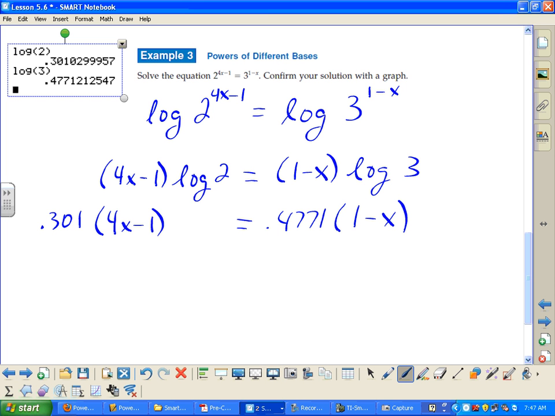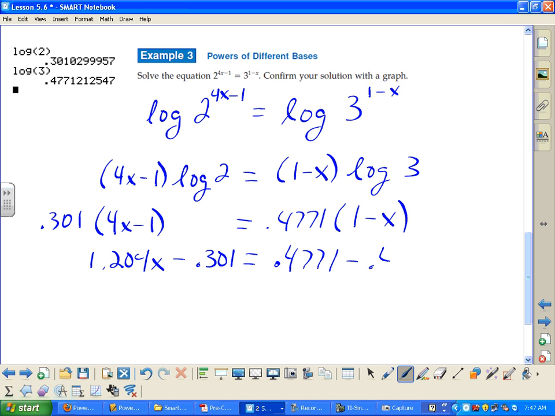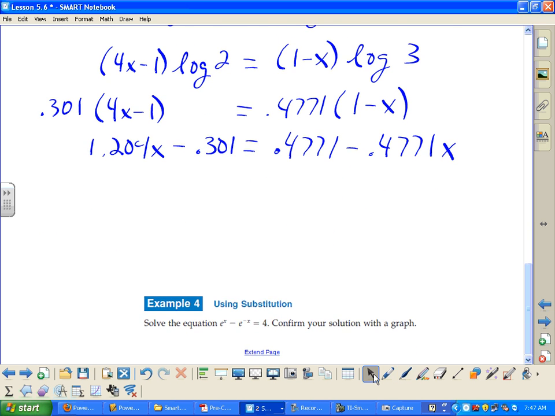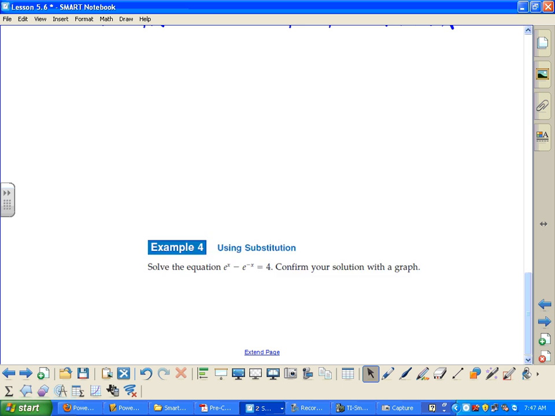So this is, let's see, 4 times 0.301 would be 1.204x minus 0.301 equals 0.4771 minus 0.4771x. So now we have just a linear equation that you've seen many times before that we're going to solve.